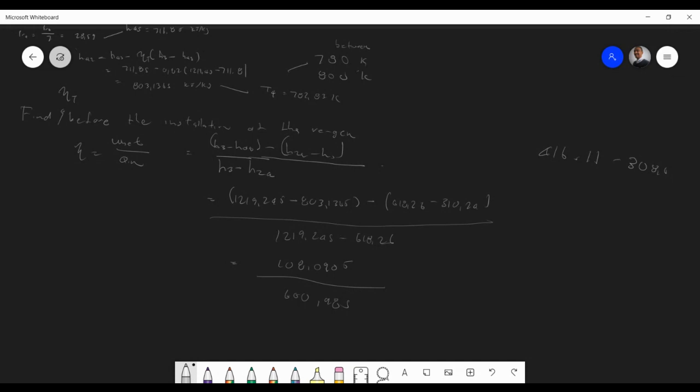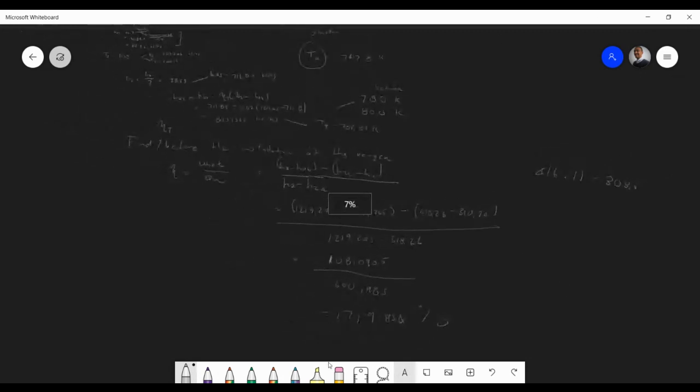Yeah, 108. So my work net is 108.09. Oh, yeah, sorry, it's correct. So that's 108.0905 over 600.985. You get around 17.98%, or 18%. That's before my regenerator.